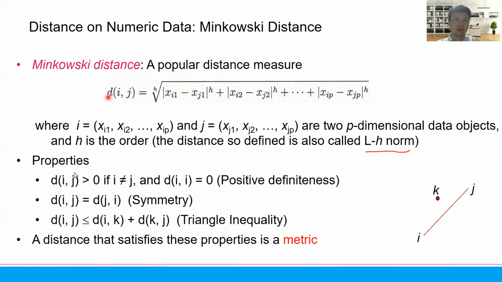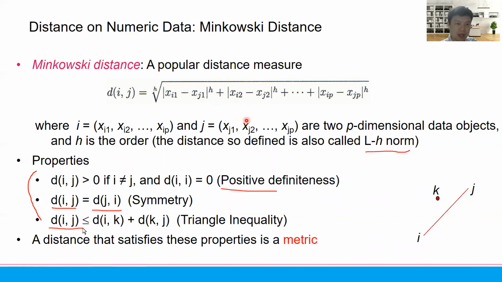The properties here, if we are dealing with proximity, there will be 3 properties. Dij should be greater than 0, it should be positive, and Dij equals Dji. That's why in the dissimilarity matrix we just have the triangular matrix.